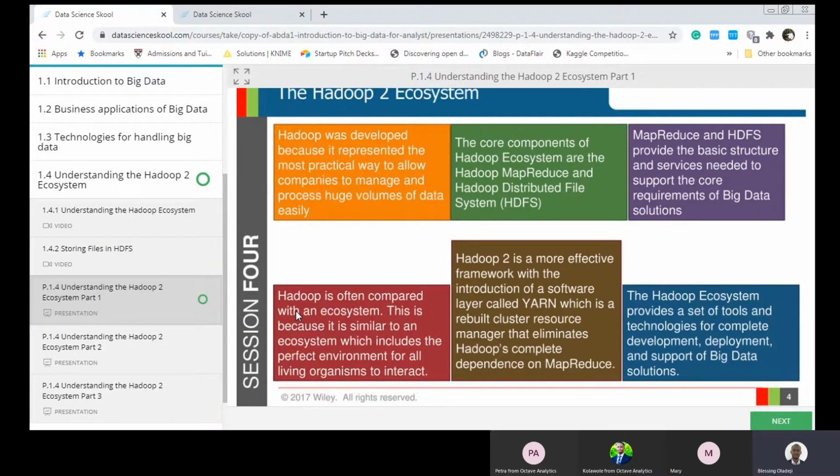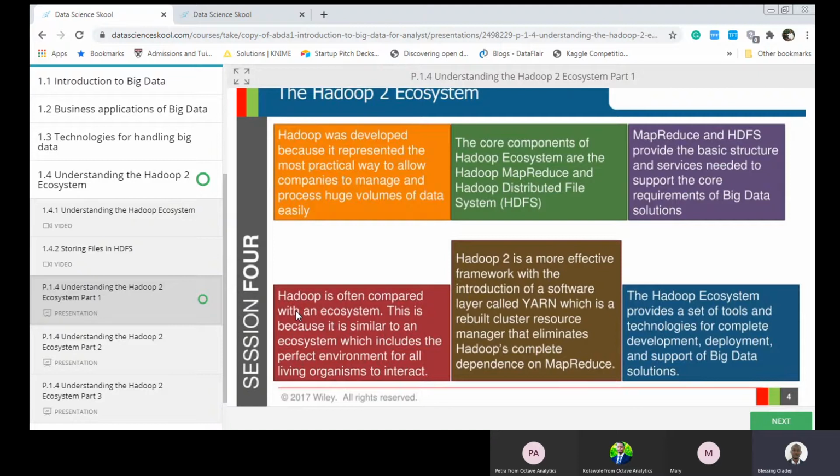Before, in version 1 of the Hadoop ecosystem, it was only HDFS and MapReduce. So for anything that Hadoop needed to do, it was entirely dependent on the MapReduce component.